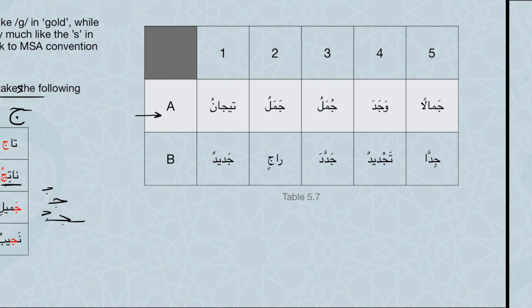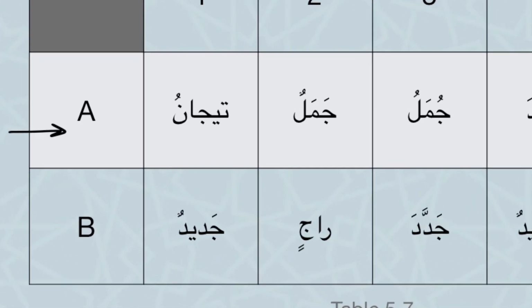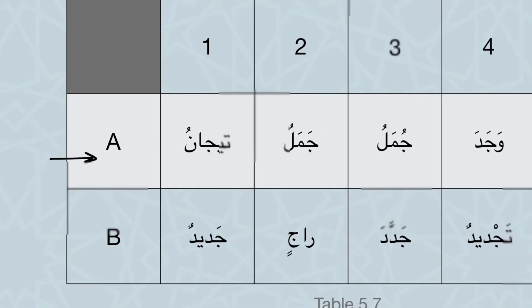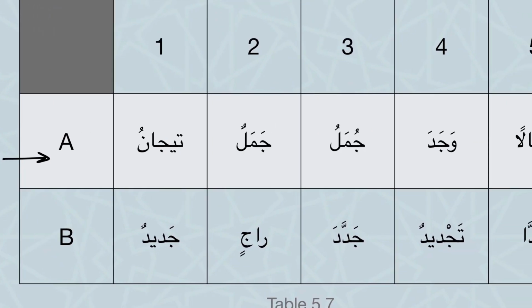I see no hands raised. Okay, Aziz, our teacher Aziz, please. Row A, please. Tijano, perfect.